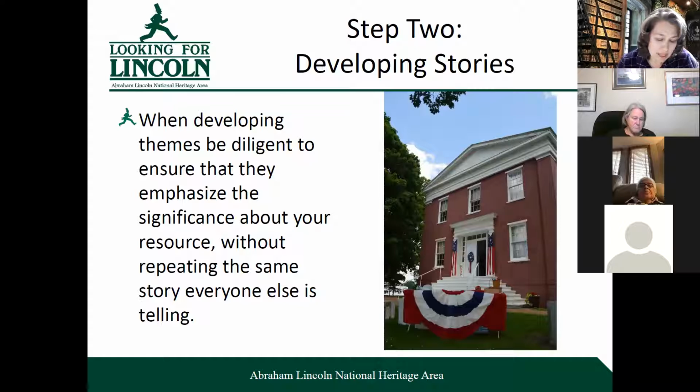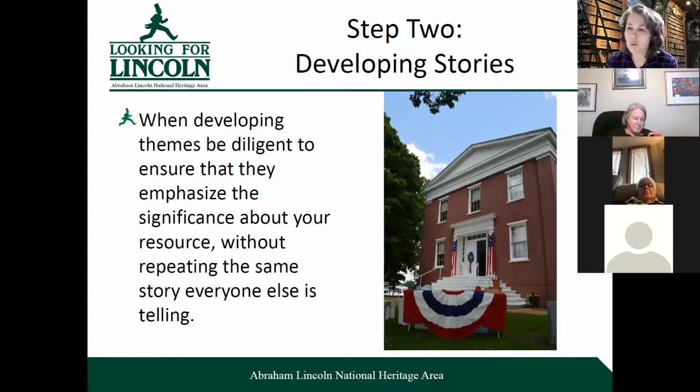And themes create a platform for stories to work together to send visitors a carefully coordinated and crafted message about the resources. When developing themes, be diligent to ensure that they emphasize the significance about your resource without repeating the same story everyone else has.